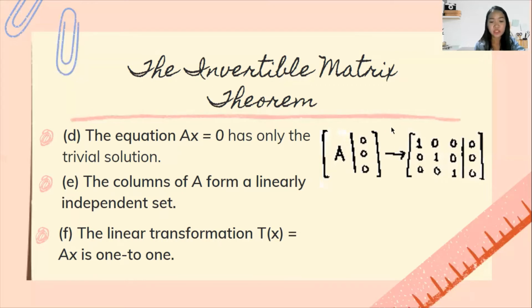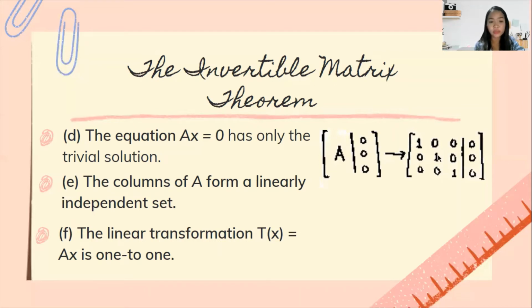After doing a lot of operations, let's just assume that A is invertible, so we can reduce this to the identity matrix.